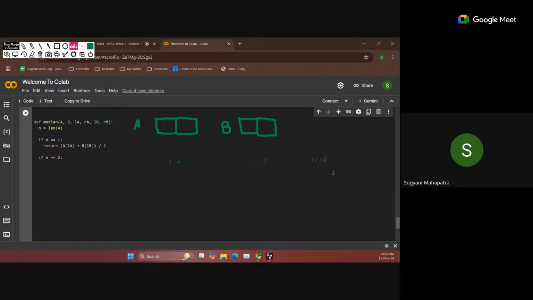Similarly, for the right, you take the index 1 of B and the index 1 of A, and find the maximum. That will go to the right element, right?